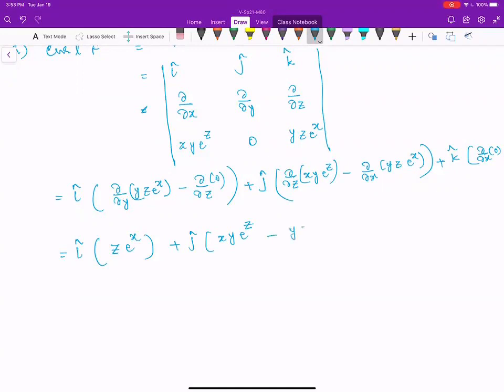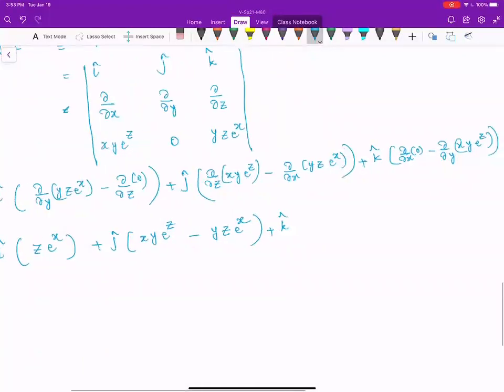With respect to x, yz e^x, you are differentiating with respect to x, that is yz e^x. Plus k, and then you have a minus sign here. With respect to y of xy e^z, you are differentiating partially with respect to y, so it's going to be negative x e^z.